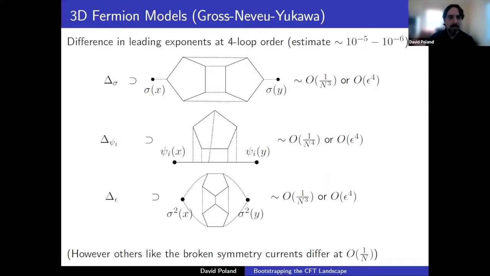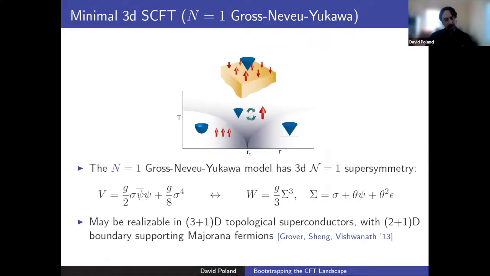Okay, so I'll say something about the ON GNY models in a moment. But if you go all the way down to n equals 1, and you have one Majorana fermion and one real scalar, then this is the minimal GNY model, and it's also a model that we believe has emergent three-dimensional N = 1 supersymmetry.